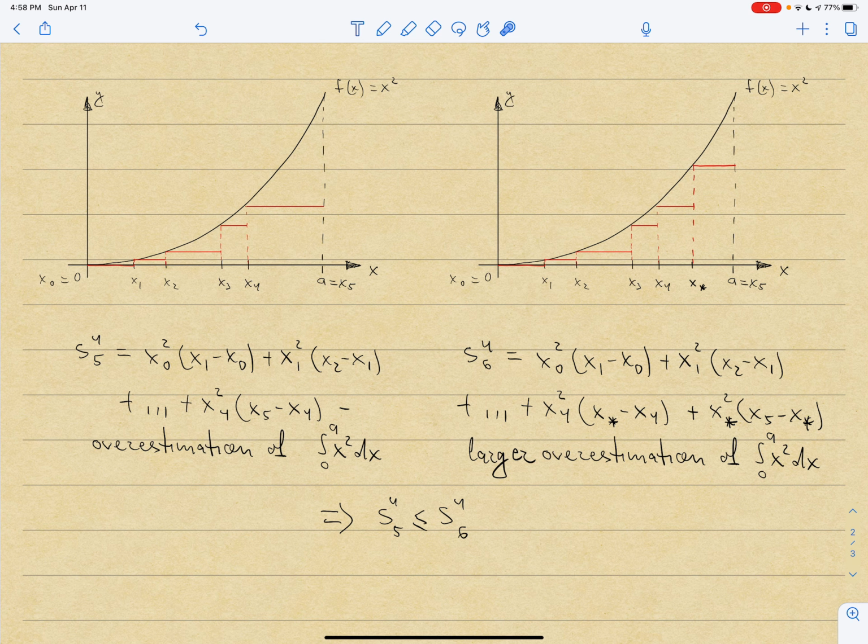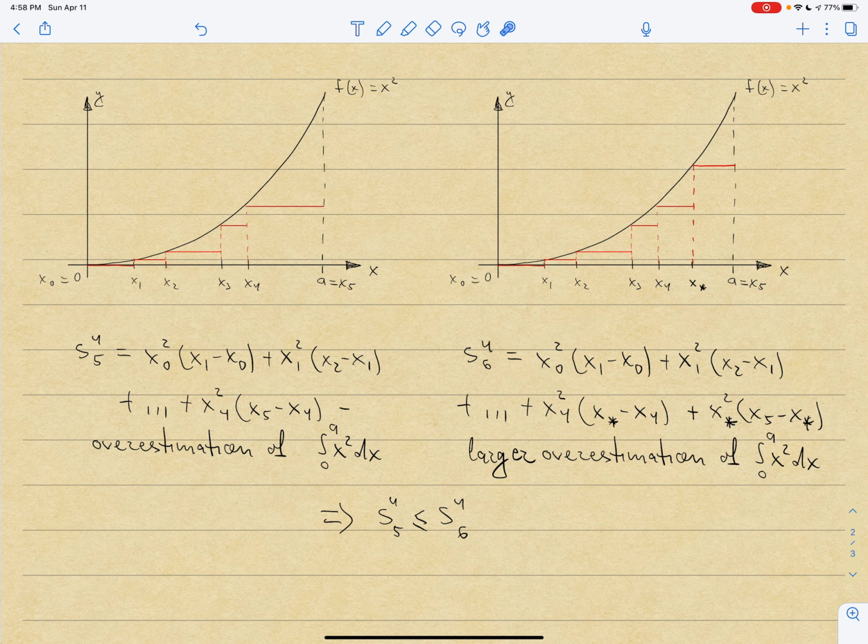And so if I use left endpoints of each subinterval like in this picture, then the approximation of the area under the graph is going to be an underestimation, right? If I'm adding all the areas of these rectangles below f of x equals x squared, then I get an underestimation of the area.